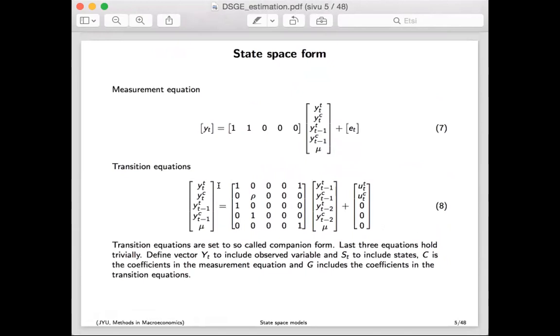It includes also the lagged values, and it determines here that this t-1 equals t-1 here. So this way we link these lagged values to this state vector from period t-1 to period t. And when we have this kind of a matrix, it's called companion form.